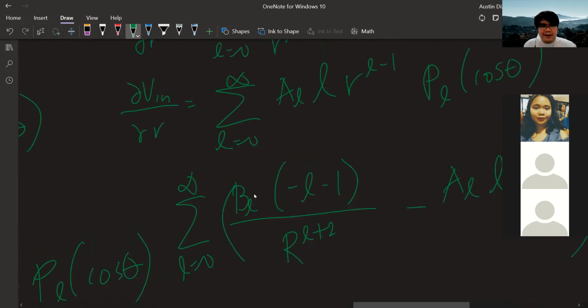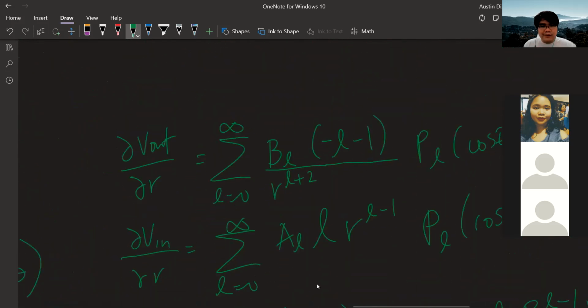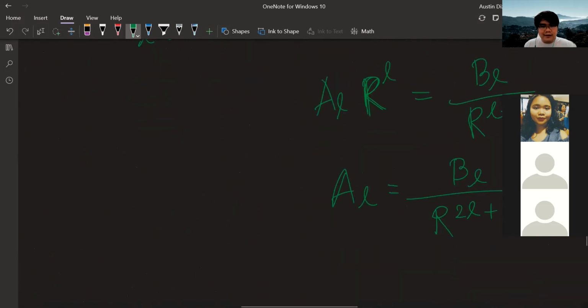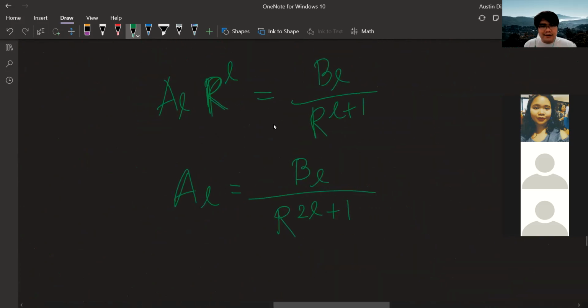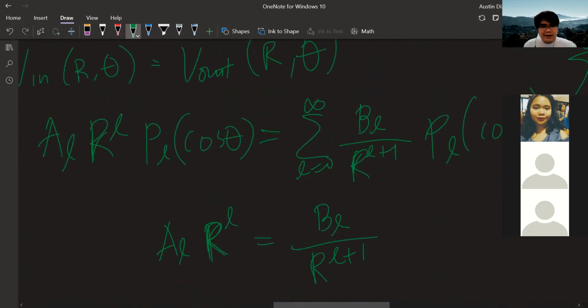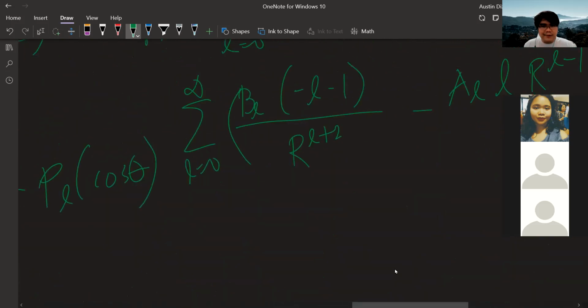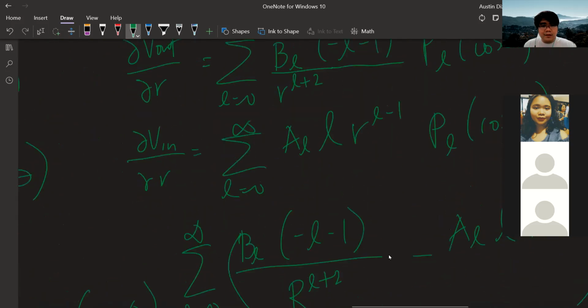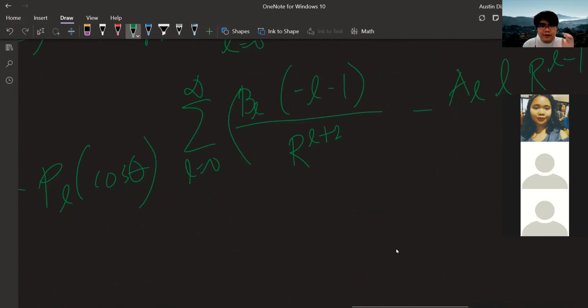Siyempre, we can write BL in terms of AL. Ay, baliktad pala ako. So, BL is equal to AL R raised to 2L plus 1. Okay? So, I write that down.